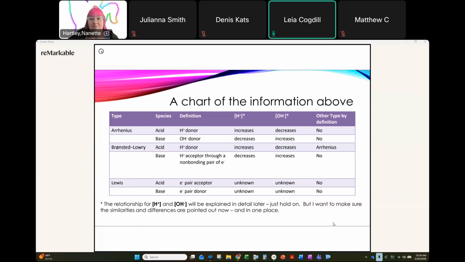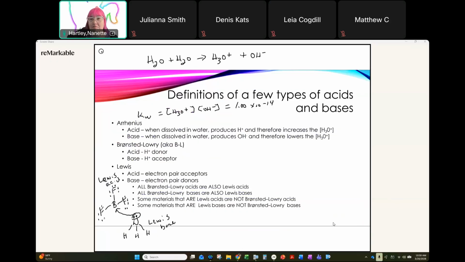I thought you said that the Bronsted-Lowry acids and bases are Lewis acids and bases by definition. I don't think I did. I shouldn't have. Did it not say it on the last slide? I'm confused. Sorry. I'm flipping back.